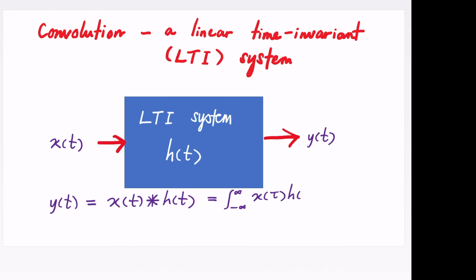Mathematically, it is given by the integration over tau from minus infinity to infinity of the multiplication of x(tau) and h(t minus tau).